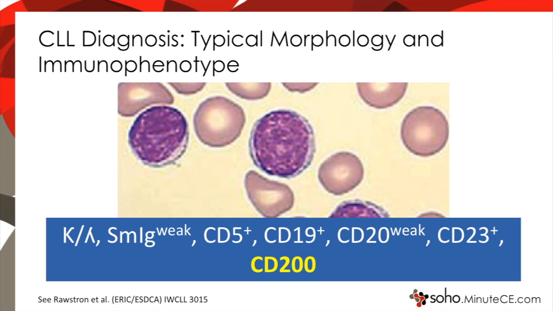A new marker, which is CD200, which is quite specific of CLL, improves the diagnostic accuracy of the immunophenotype and decreases the number of cases in which the diagnosis is not clear-cut.